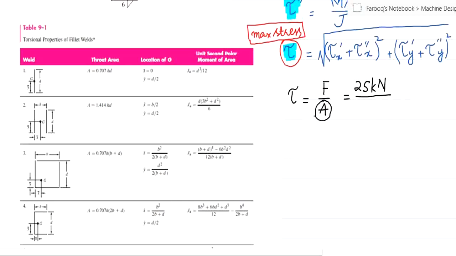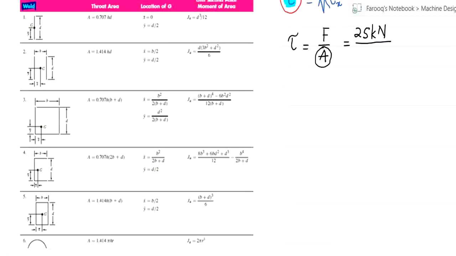To find this area we will have to seek help from table 9-1. We will be looking for the weld profile, and once we get our weld profile we can find the throat area. We have only a single-sided weld available in our first type. In the second type we have a double-sided weld. In the third type we also have a double-sided weld.